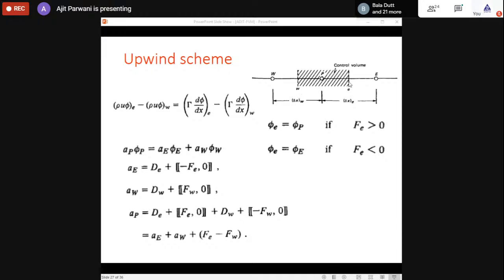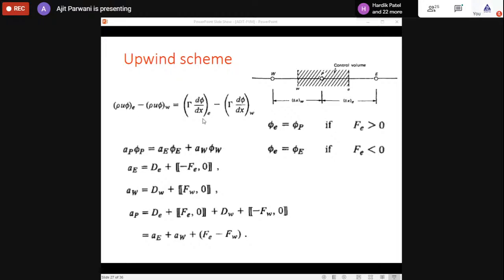So what should be the value of phi w? If the velocity is in the positive direction, then the value of phi w is phi capital W. If the velocity is in the negative direction, then the value of phi w I will take is equal to phi P.